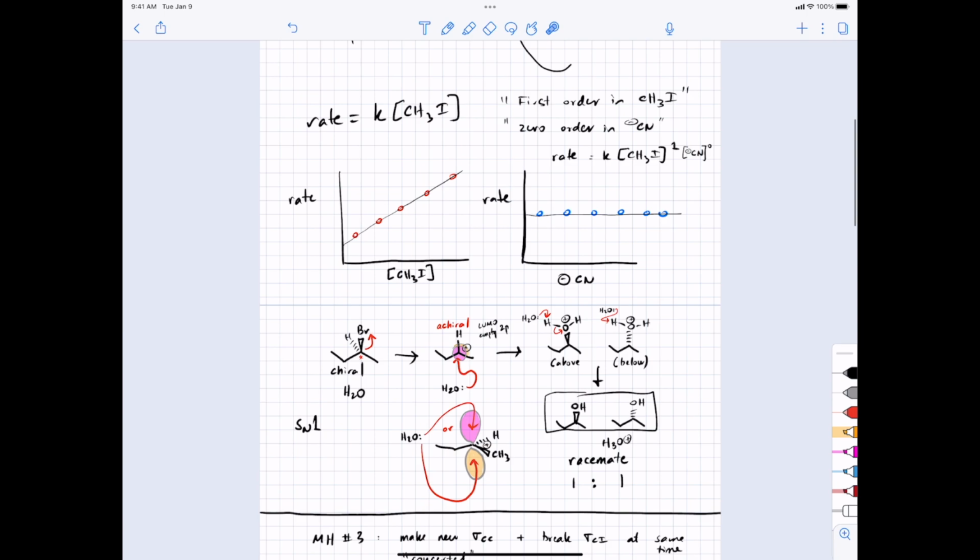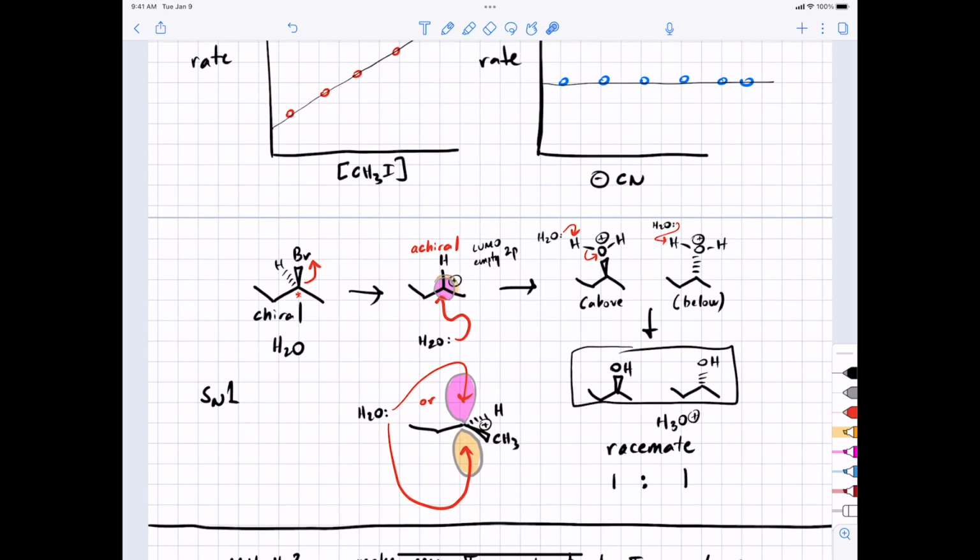We talked about stereochemical consequences of this mechanism, and how because of the planar carbocationic intermediate, you should expect to get both enantiomers, or rather both stereochemical configurations, if you make a stereocenter. The reason for that is that we can attack from above or below, and you can't prefer one versus the other.